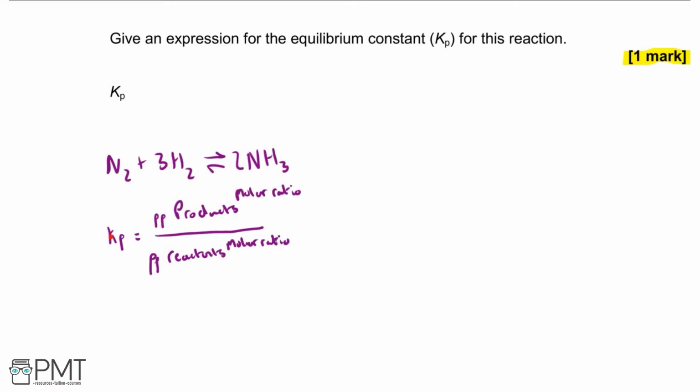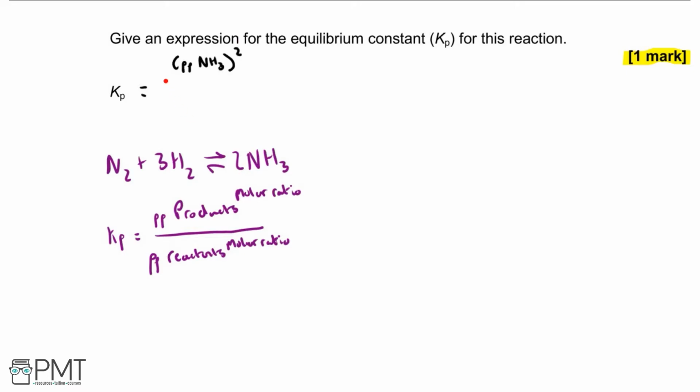So, in the case of this reaction here, we only have the one product. So the upper half of our fraction is simply going to be the partial pressure of ammonia to the power of 2, as that's our molar ratio, 2.